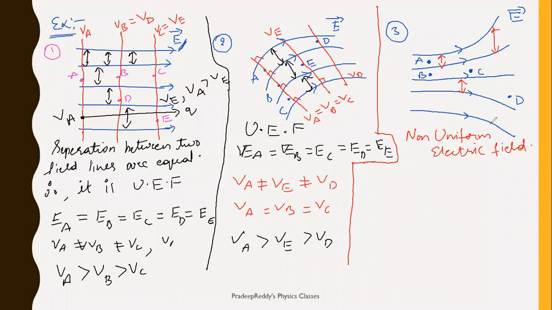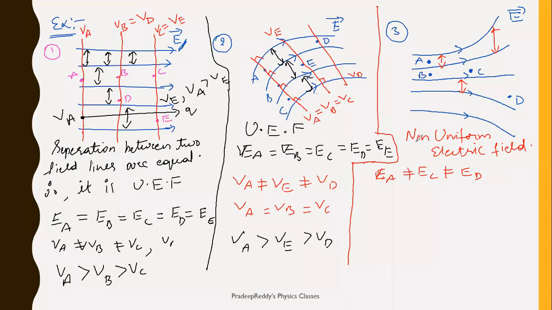If it is a non-uniform electric field, the field will be different at different positions, right? So EA is not equal to EC is not equal to ED. EA, EC, ED all are not equal. Now you need to tell me which is greater. That is very simple. If the field is greater, the density will be greater.